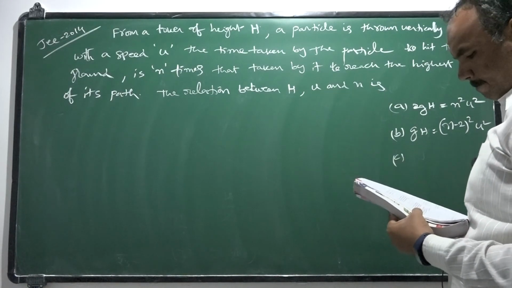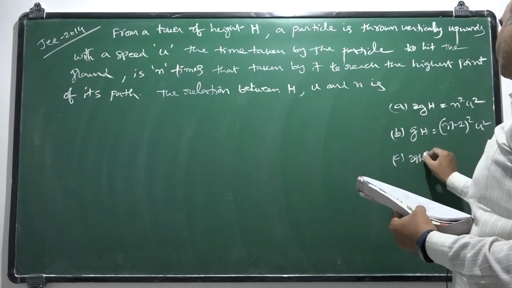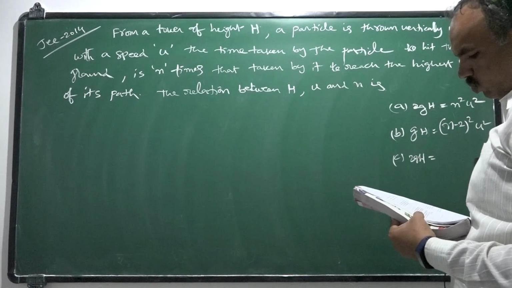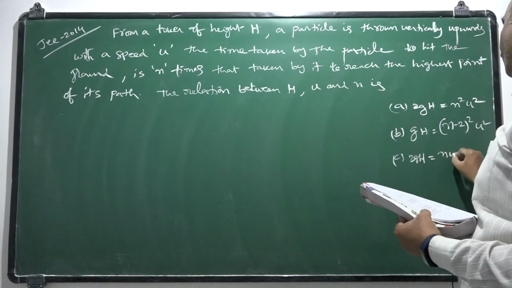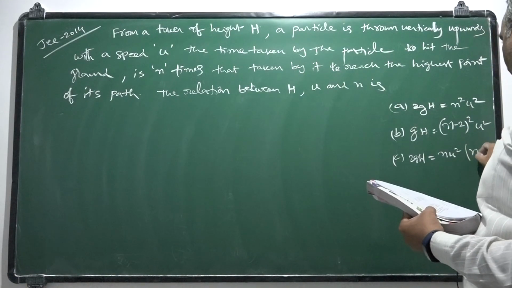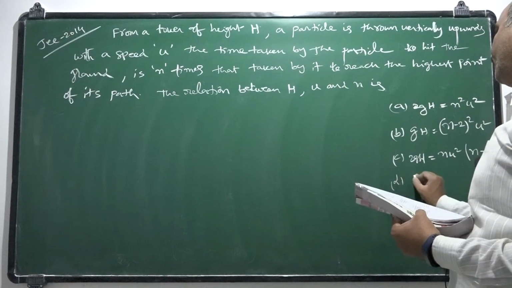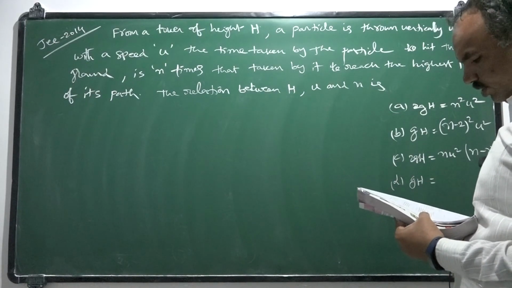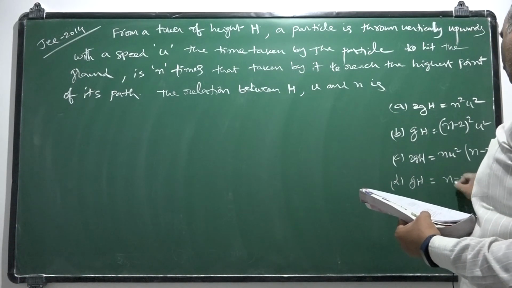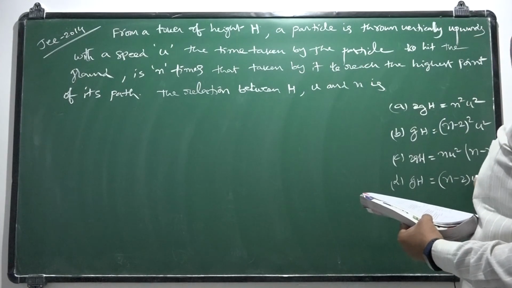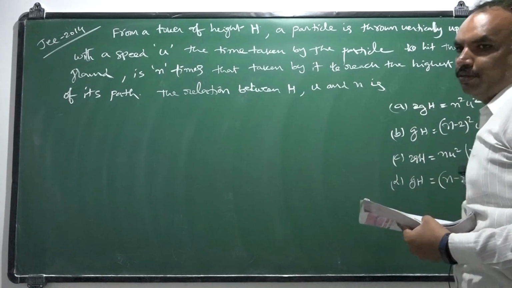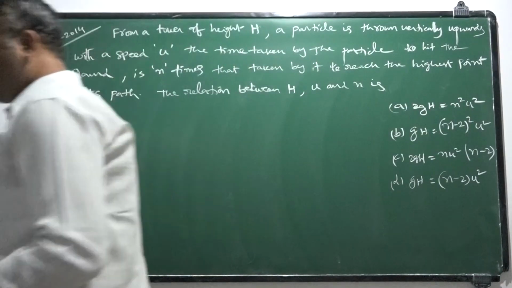Option C, 2gh is equal to nu square into n minus 2. Option D, gh is equal to n minus 2 into u square. So these are the various options given for this question.